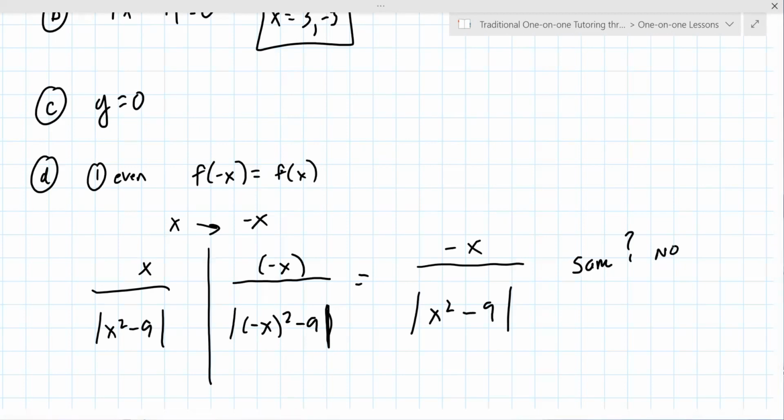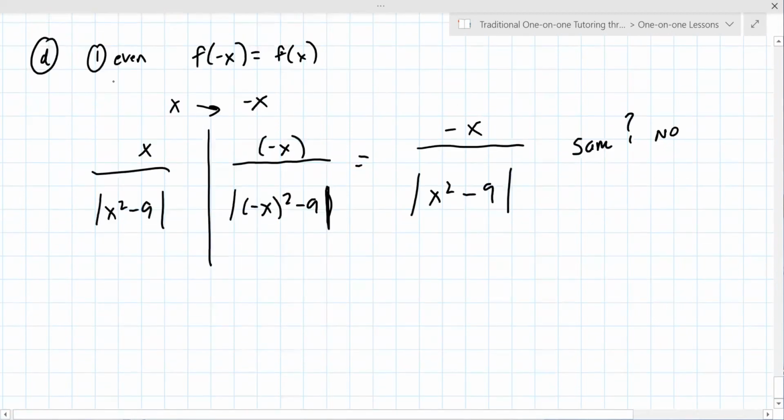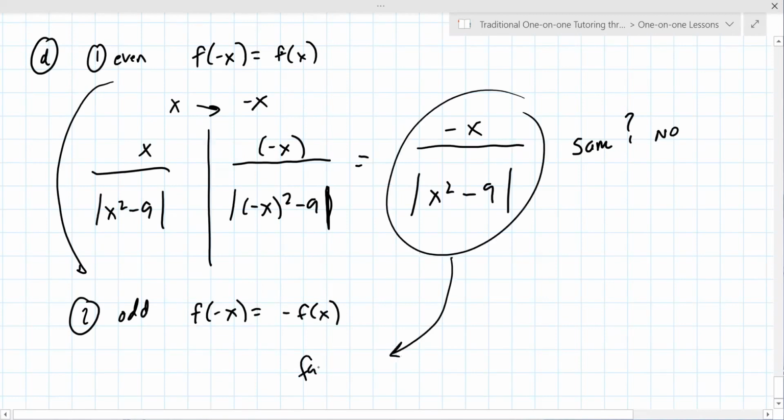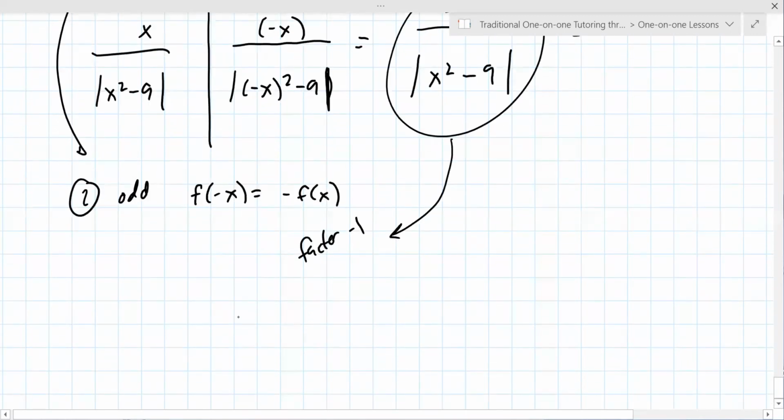Okay, now the second thing you try is odd, and it's a continuation of this. It is f of minus x equal to the negative of the original. Now you take this result here and you factor out a -1. So it looks like -1 times x over absolute value x squared minus 9.